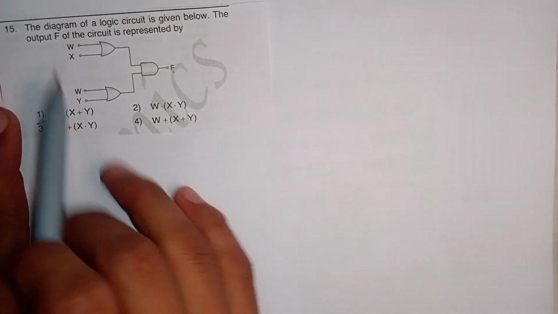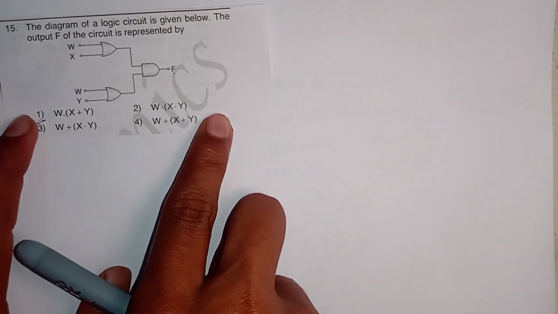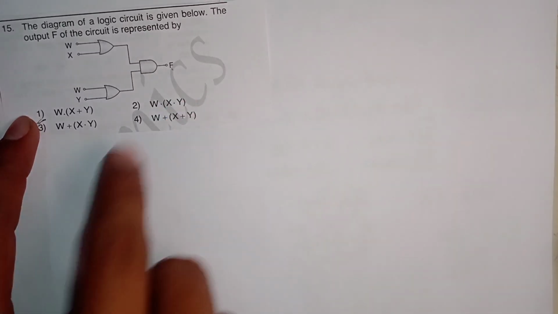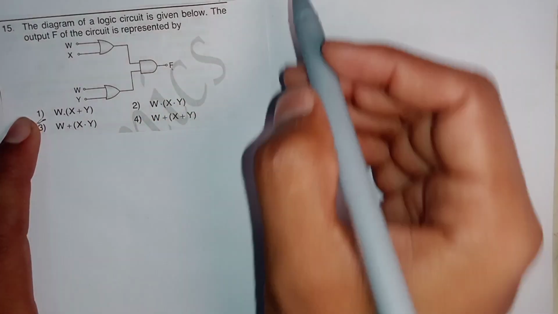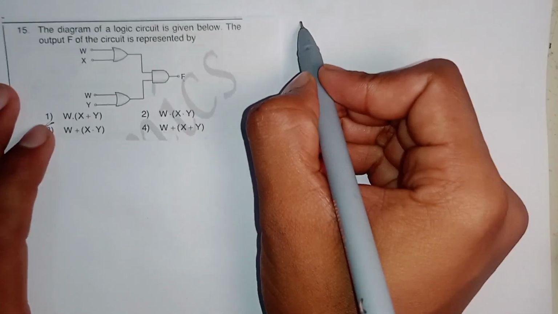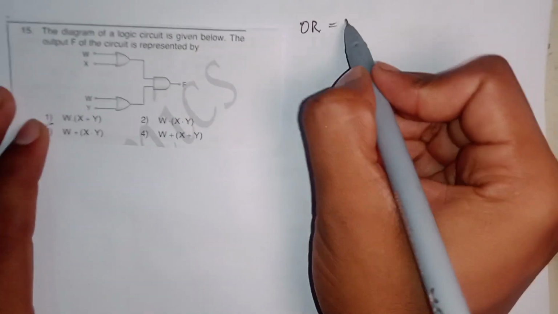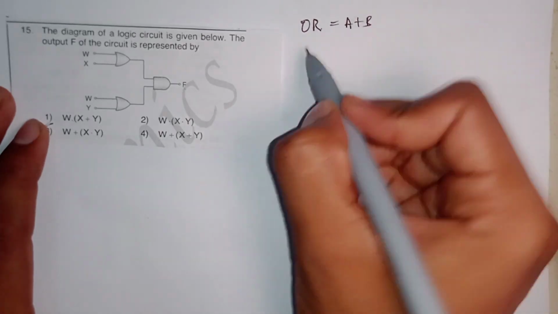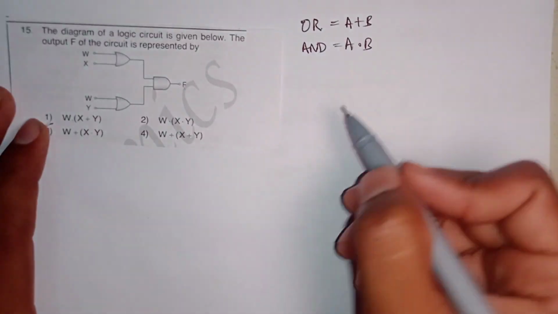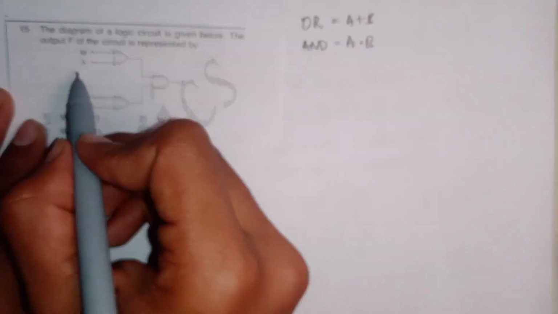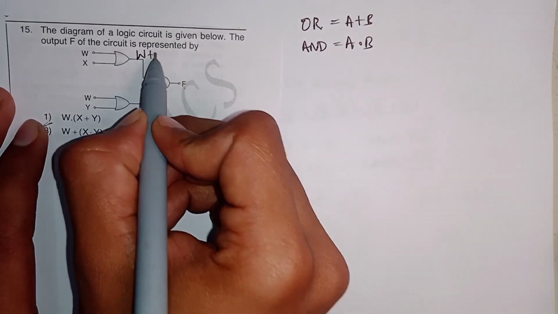The diagram of a logic gate is given here below. The output F of the circuit is represented by what? As you know, we have solved OR gate equations. For the OR gate, the expression will be A plus B. For the AND gate, the expression will be A dot B. W and X are given, so for the OR gate, W plus X will be here.